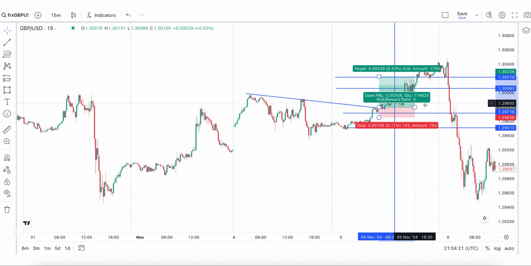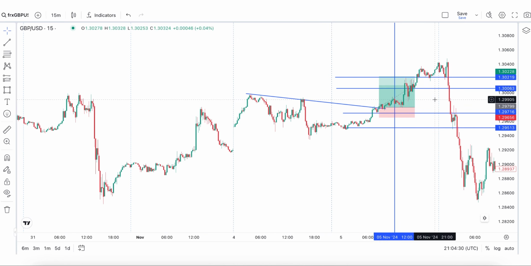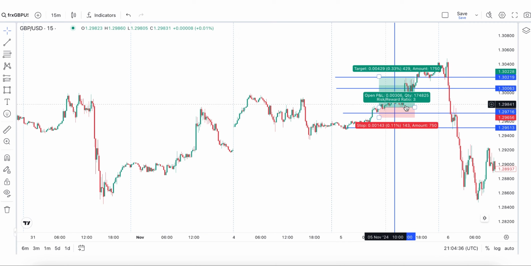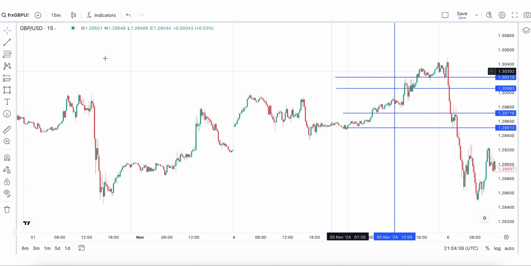And in this scenario, you would have basically been profitable and made 3% or whatever your risk to reward strategy is. Okay, very simple.